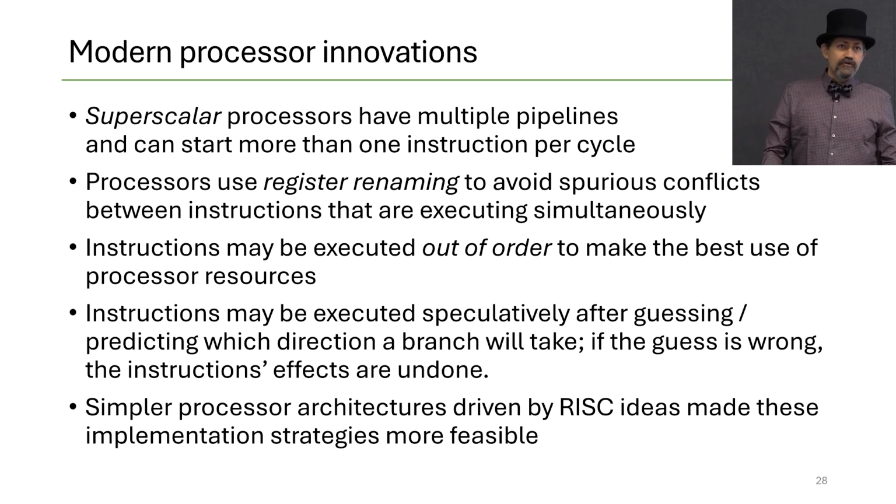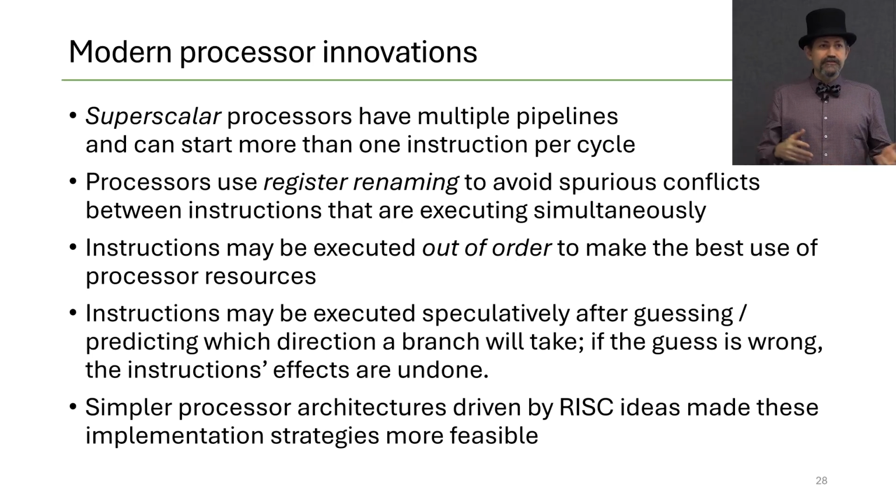Instructions can even be executed speculatively. For example, if we guess which direction a branch will take, we'll start executing the instructions down that branch. If our guess was wrong, we might find out later, and then we have to undo the effects of those instructions. But if we guess right most of the time, which is very feasible for most branches in most programs, then it'll be a win to execute speculatively.